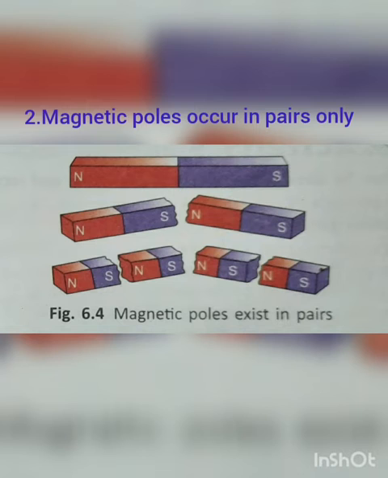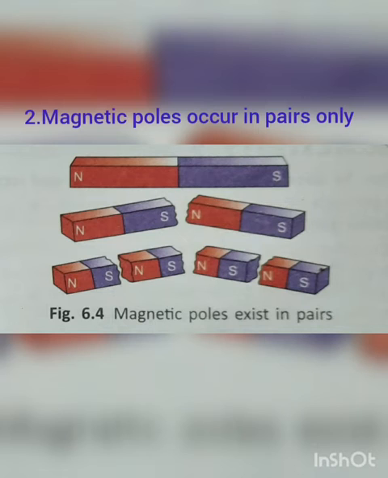If you split a bar magnet into two, then each piece will have its own north and south pole. If the small piece is divided again and again, each small portion, look at this picture, has north and south poles. We conclude that magnetic poles occur in pairs only.